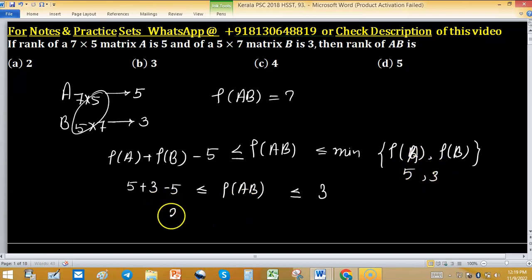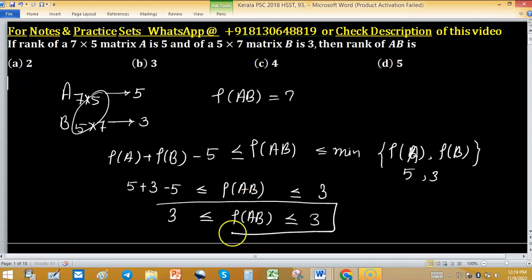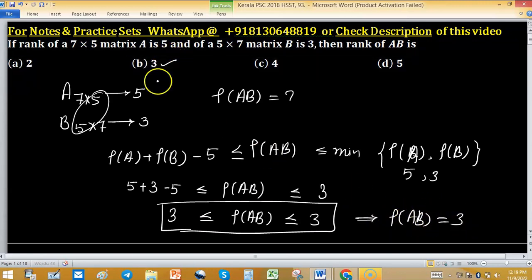That's why we are getting 3 less than or equal to rank of AB and less than or equal to 3. So this last inequality implies that the rank of AB is 3. Option B is correct.